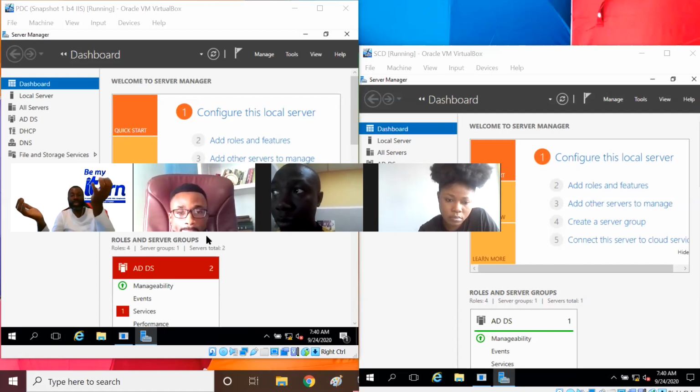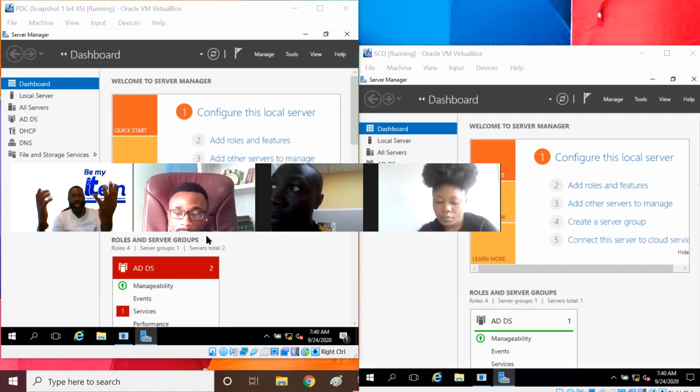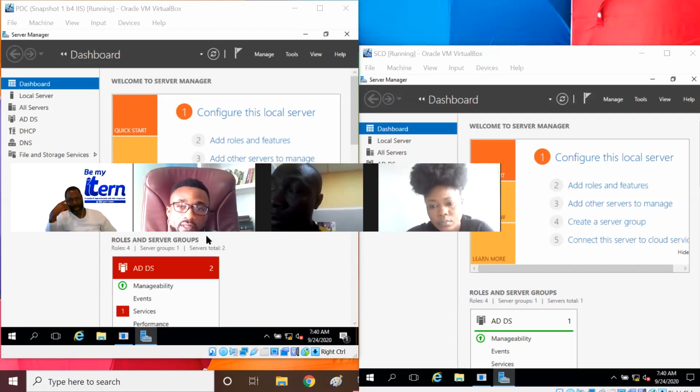So it will resolve the host name to an IP address and help the communication to continue. That service that resolves host name to IP address is the DNS. So DHCP and DNS work so closely together to make sure that the 1,000 computers on that network are able to communicate with one another.